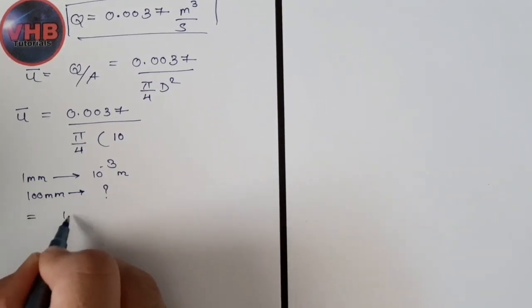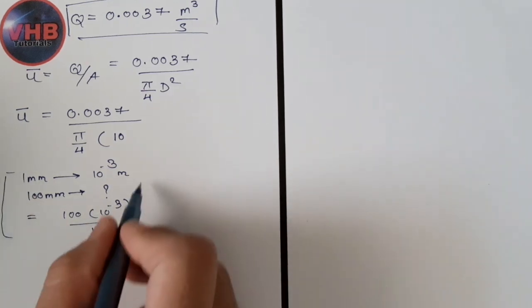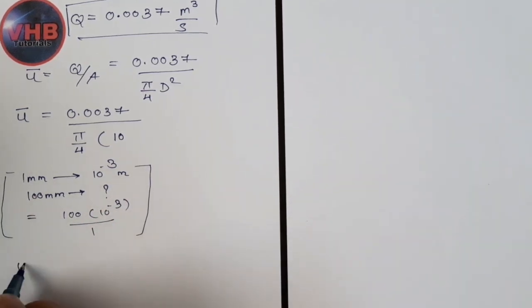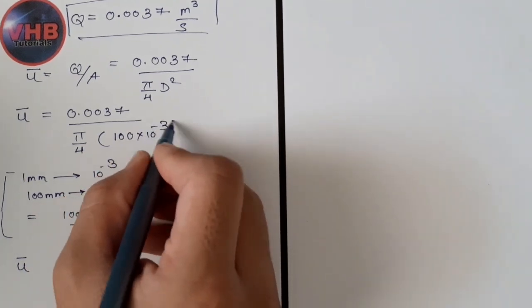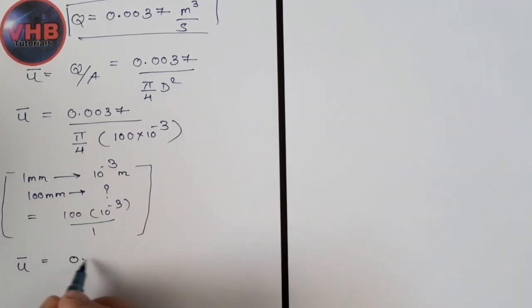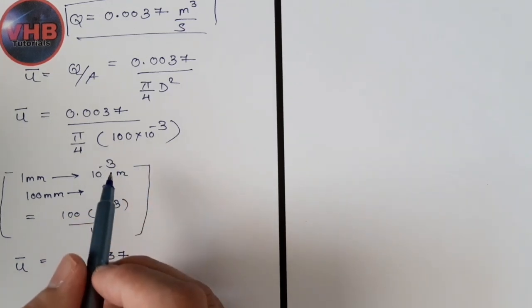So it will be 100 into 10 raised to minus 3 divided by 1. Okay. So U bar, this will be 100 into 10 raised to minus 3. So U bar equals 0.0037 divided by pi by 4 into, this will be 100 divided by 1000.